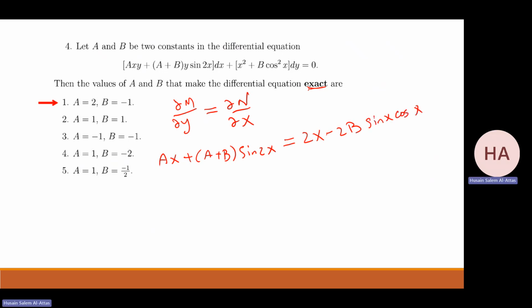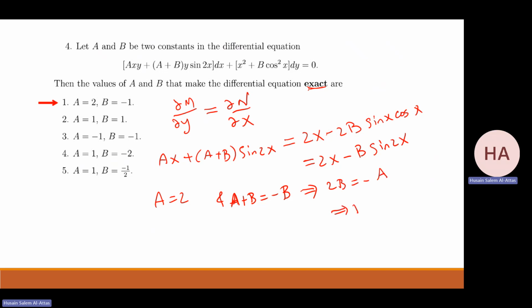I differentiate cosine. Yeah, it's the same idea. So a equals 2x, minus b sine 2x. So you have a, and a plus b equals minus b. So it means 2b equals minus a. A equals 2, so b equals minus a over 2, which is minus 1. That would be the answer.